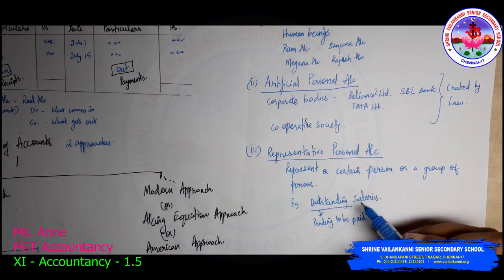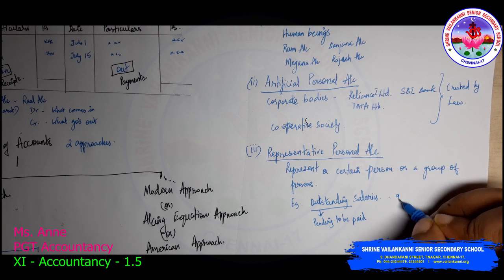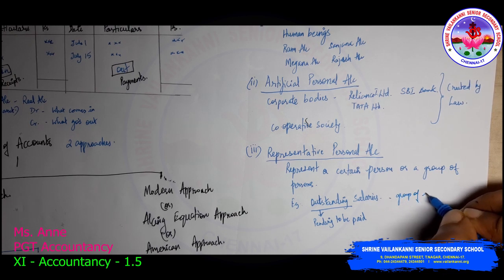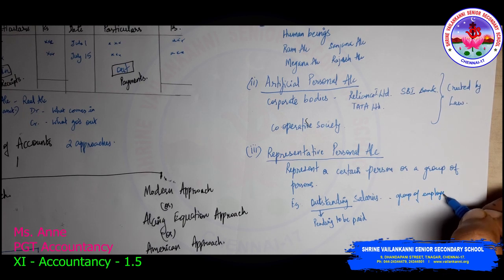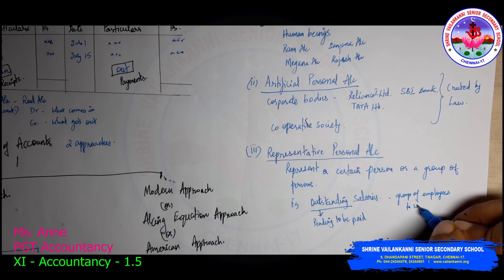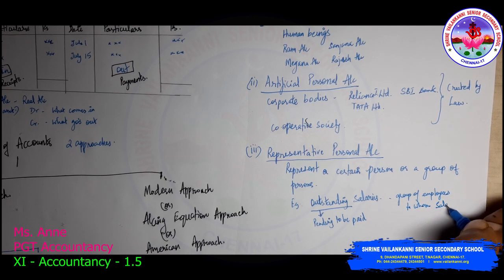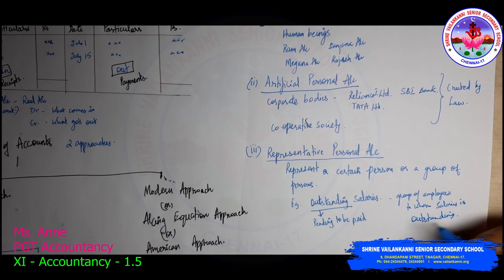So this is a representative account. You represent a group of employees to whom salary is outstanding. I hope that this is clear.